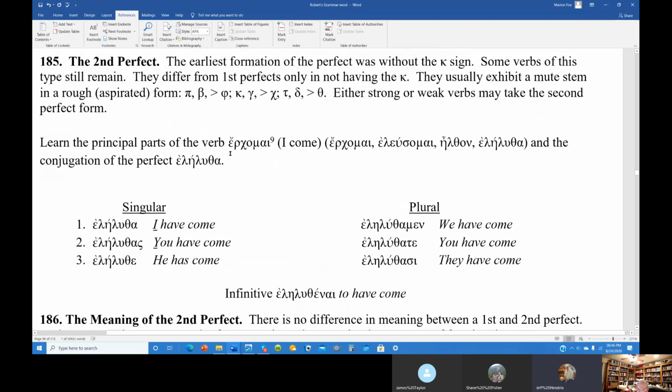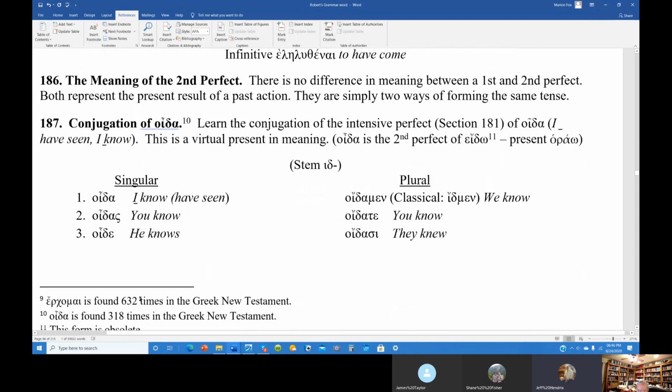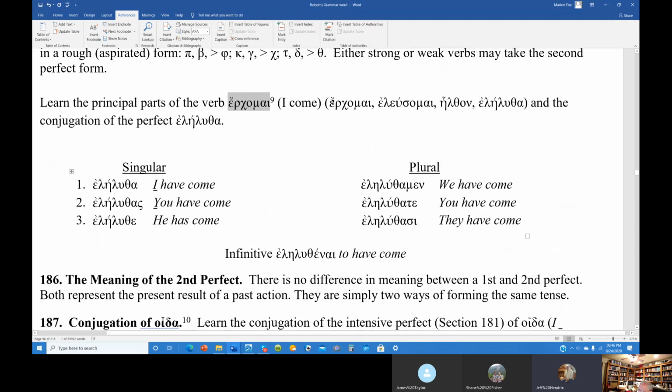Now, principal parts of erchomai. I put a footnote in here: it's found 632 times in the New Testament. So it's probably an important word to learn. Remember, we have a different form now. It takes a different word, and eleusomai, and so it doesn't even look like it's from a different word. They got married together. So these are your principal parts.